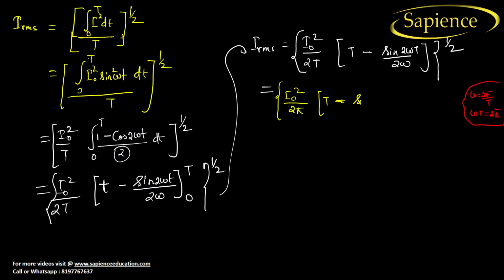So this will be sine 4 pi divided by 2 omega, and this whole as a root.